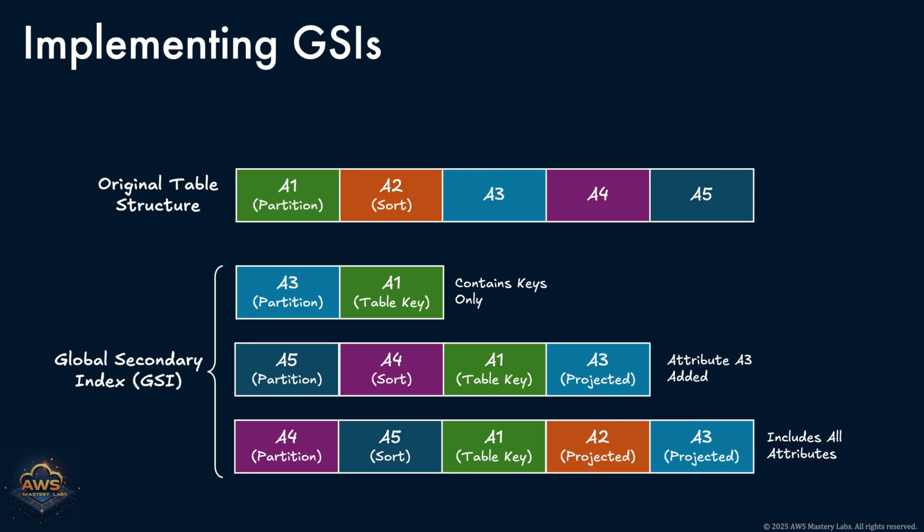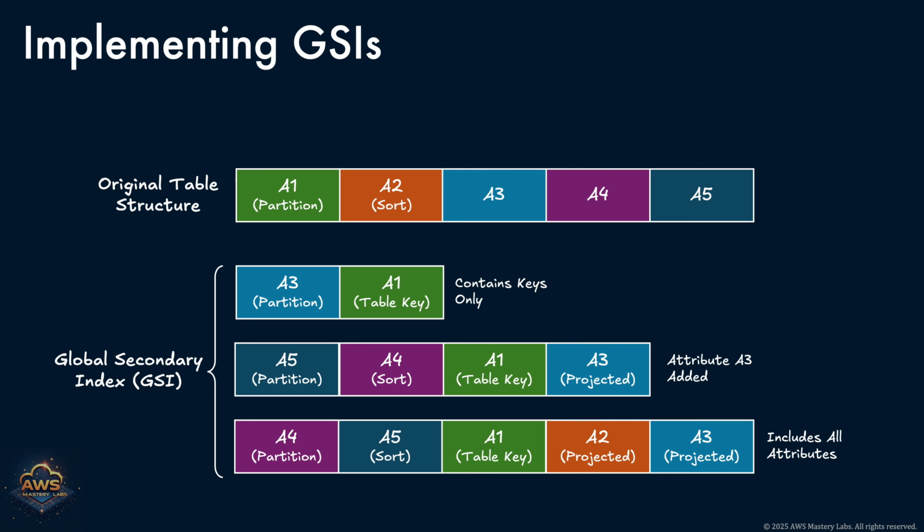The third GSI is even more comprehensive. It uses A4 as the partition key and A5 as the sort key and projects all attributes from the base table. This effectively provides a fully flexible index that can serve a wide variety of access patterns. Together, these GSIs demonstrate how you can use alternate partition and sort keys to reshape your access to data without duplicating the table.